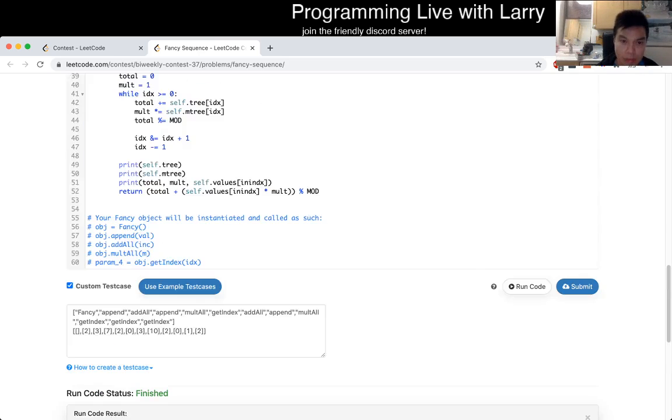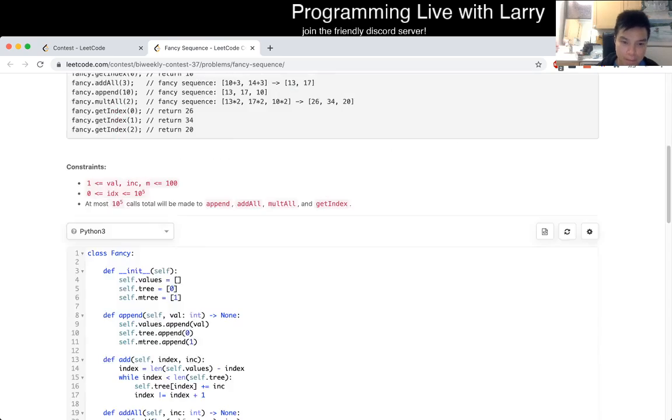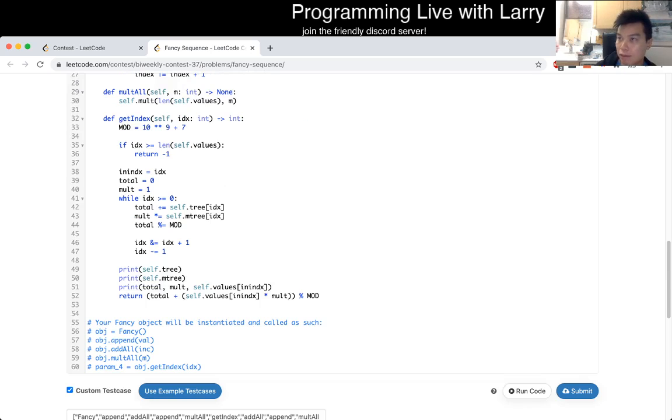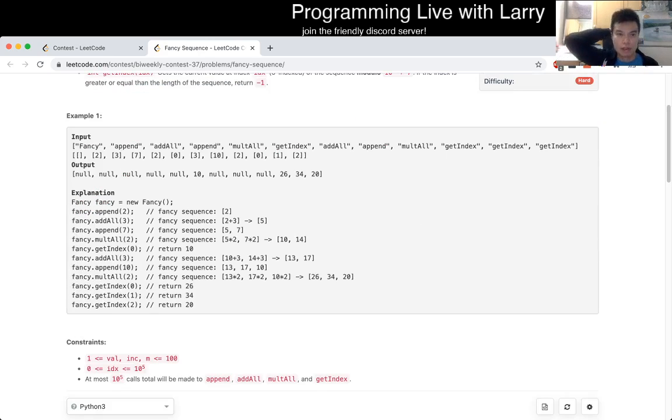Maybe not. Anything with queues that we can do?